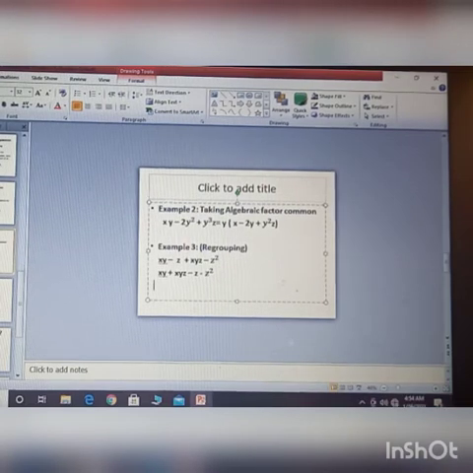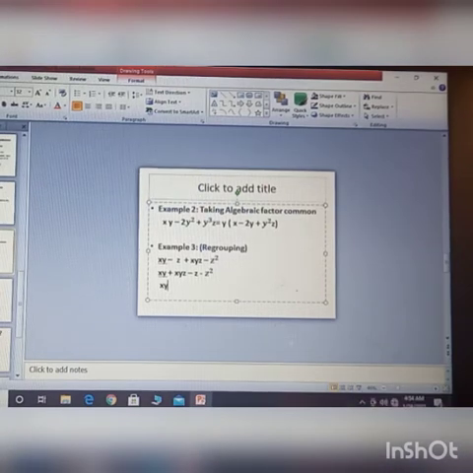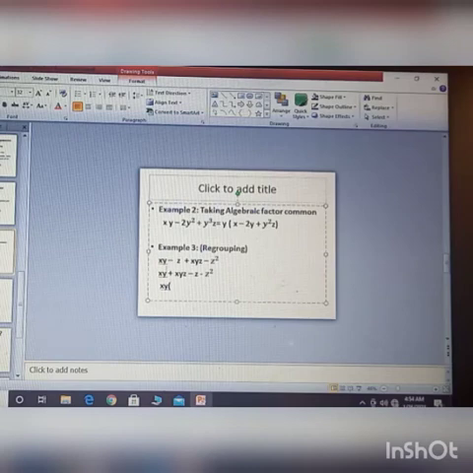Now see that after regrouping, in the first two terms, what is common? Here you can see xy is common in both of them. So xy we will write out. Then in the bracket, what will come? From both these terms, we are to take xy common.